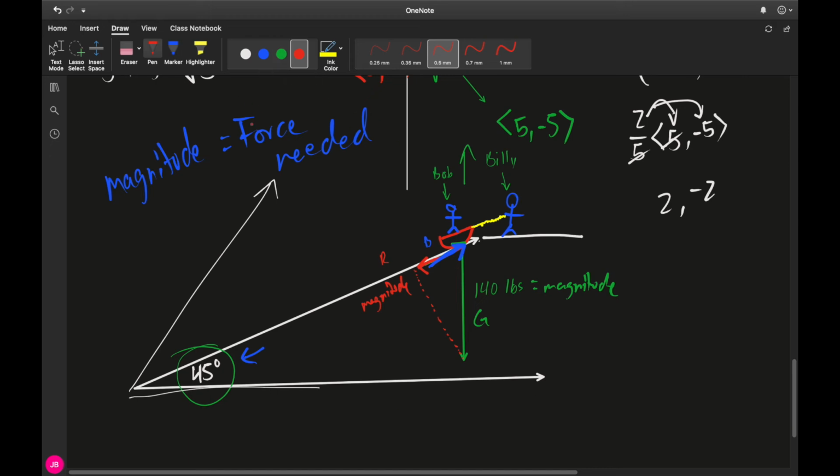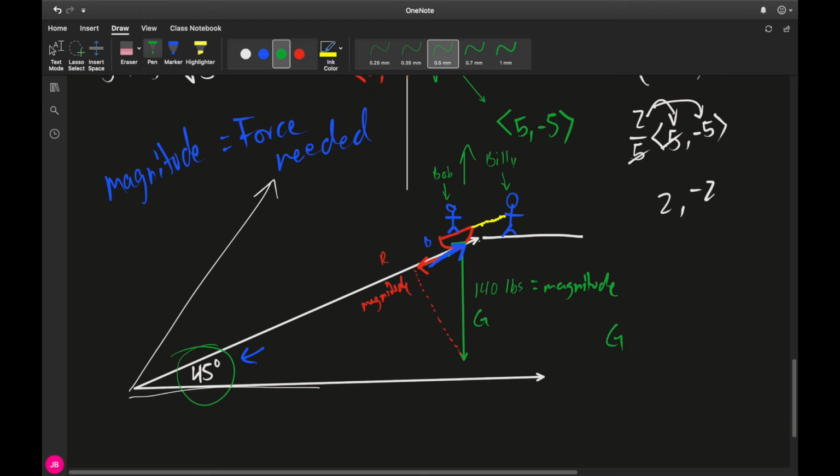So let's begin by finding out basically the form of vector G right here. So remember, there are a couple ways to write down a vector. You have component form, but you also have i and j, which are known as a linear combination of these vectors. So you have a horizontal component and a vertical component. So let's imagine this G as a vector in horizontal and vertical component form.